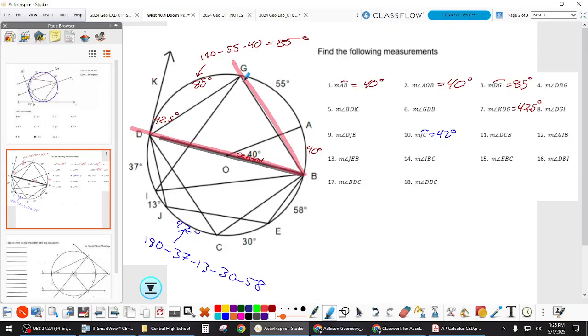What kind of angle is DBG? Remember, to answer that, you say, where is it? Is it in the center, on the circle, inside or outside? It's on. What kind of angles are on? Inscribed. So what is true about that DBG and this arc right here?